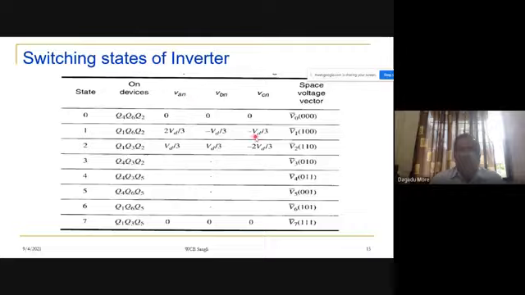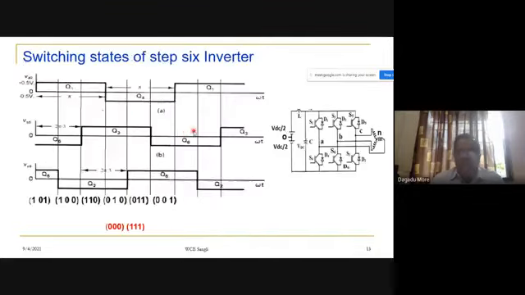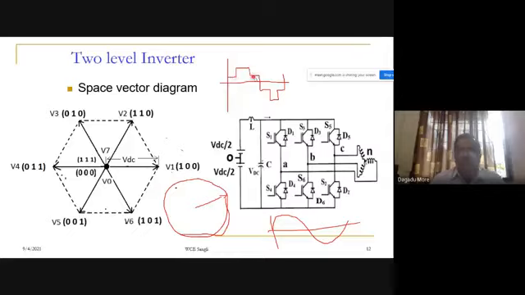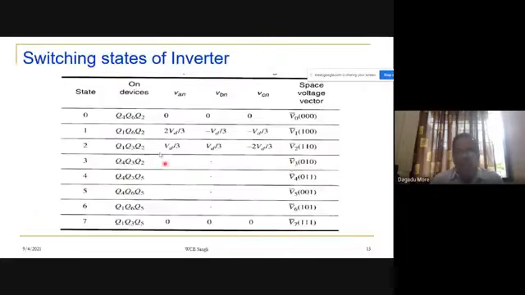Based on that, we have shown here what our waveforms VAN, VBN, VCN are and how they change, with values of 2/3 VDC and 1/3 VDC. This is the waveform we can obtain. When one particular switch is on, we get the AN, BN, CN; already we have done this exercise. For this particular state, how to find VAN, VBN, VCN.